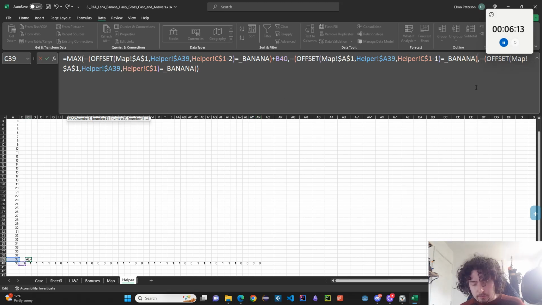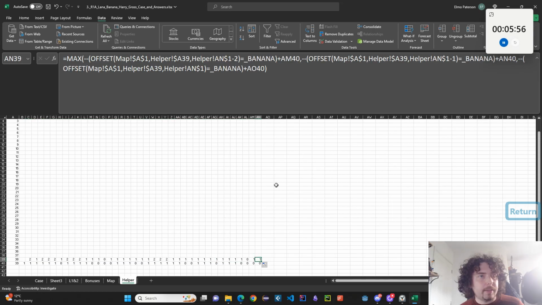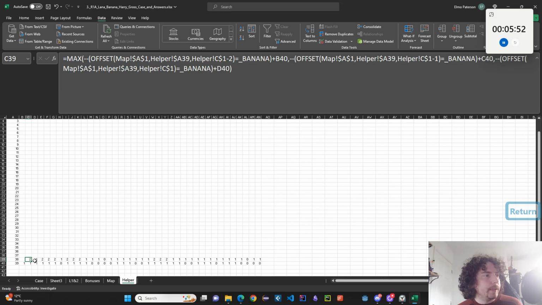If we go straight down, we also get the best bananas from straight down. And if we go to the right, we also get the best bananas from going right. Which can be all of these, apart from the fact that this one, the going right is the same as going down, and this one, going left is the same as going down.